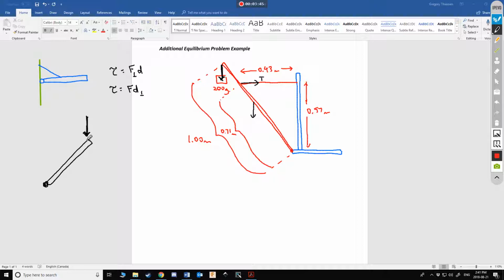However, what we can see in this picture is that the force is not perpendicular to the object that is rotating. We know from experience, just if you want to get a feel for this, just go to your door and just try pushing at different angles. To get maximum effect, I would actually want to push it at this angle. But that's not the question. The question is showing us that we are pushing from this angle.